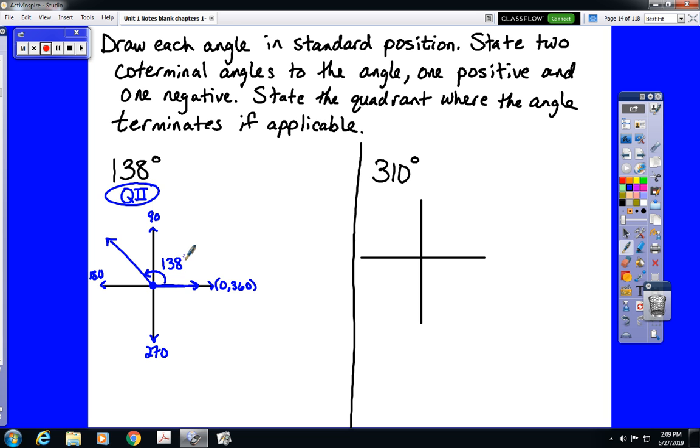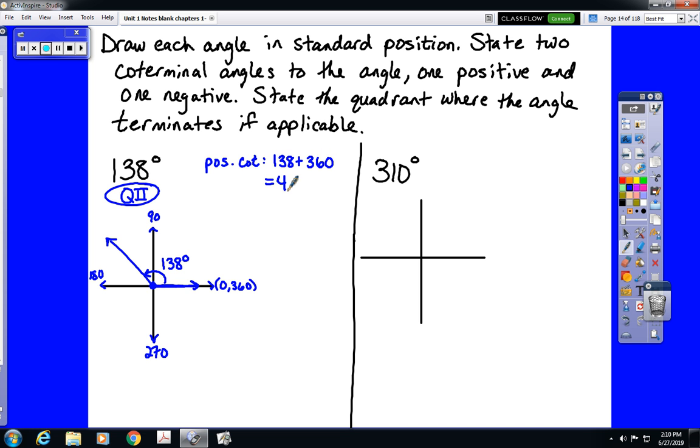Now we just need the coterminal angles. So to get a positive coterminal angle, we're going to take the 138 and add one rotation, which would be 498 degrees. So there's the positive coterminal angle.